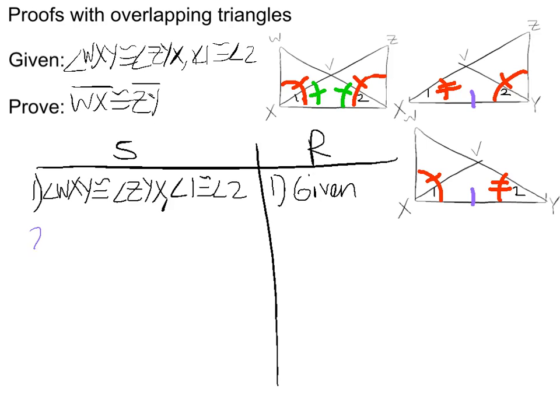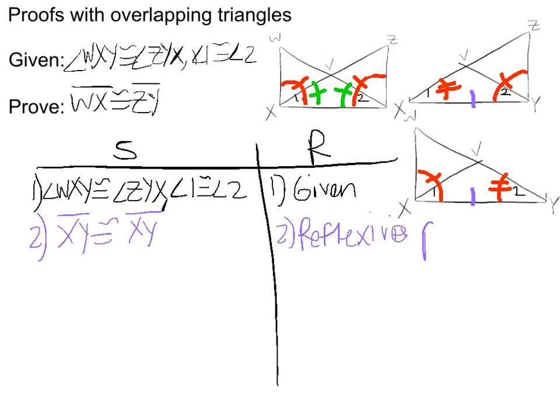For my second step, I'm going to say XY is congruent to XY. Oops. Hold on, let me get rid of this. I wrote down the wrong thing. Let's try that again. XY is congruent to segment XY, and that's by the reflexive property. Okay, there we go. Now, here's something really neat.